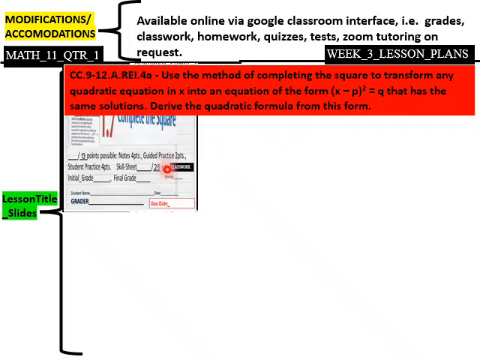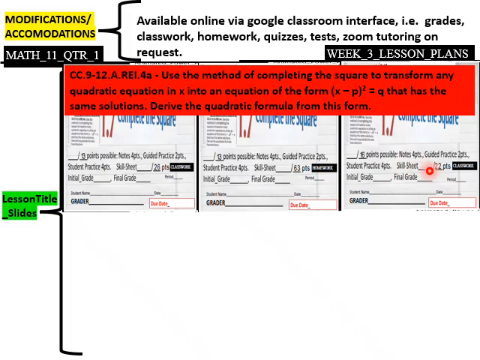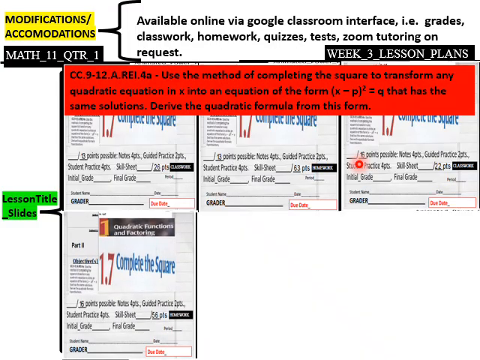We start out here with 1.7 complete the square: 26 points classwork, and then 1.7 homework, 63 points for part 1, and 13 points of note taking. So we get right off the bat into completing the square. Then classwork part 2 is 22 points, with 16 points of note taking.